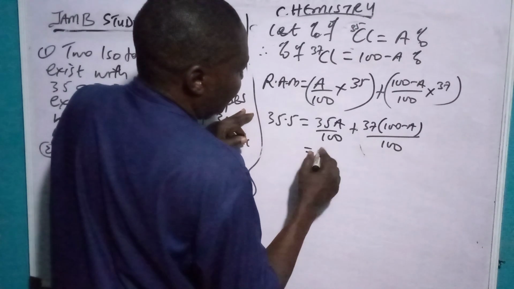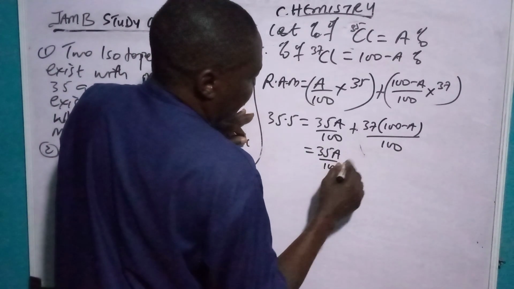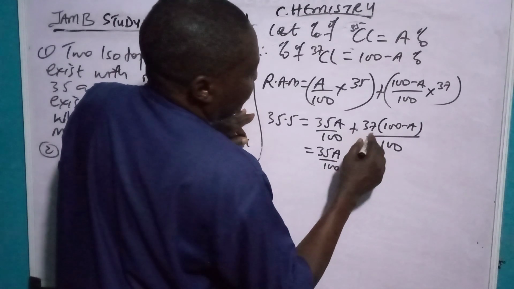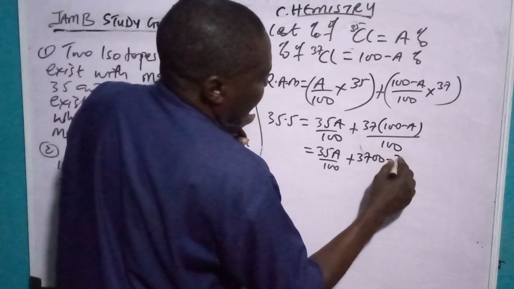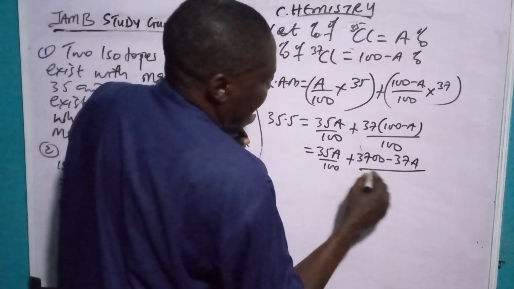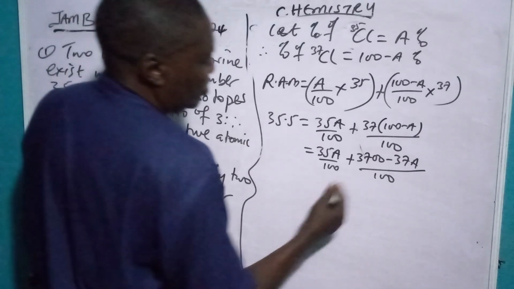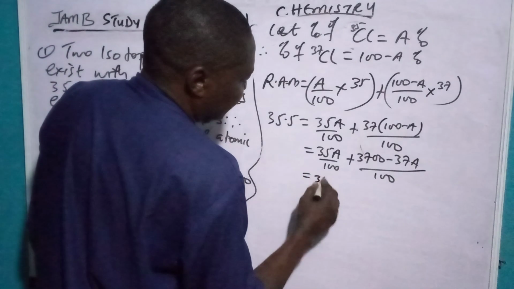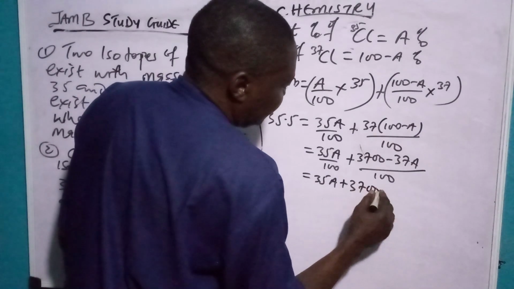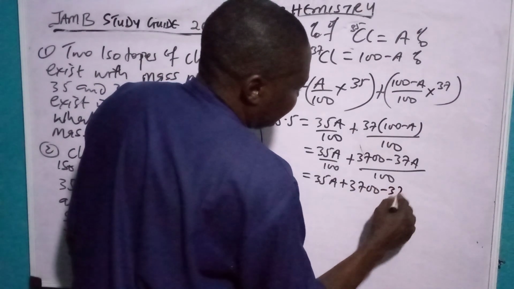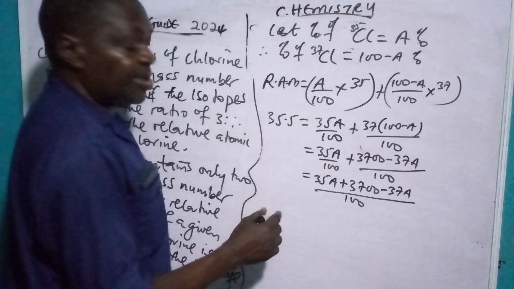It now gives 35A over 100 plus 3700 minus 37A, everything over 100. Remember, both of them have 100, so you make it the same: 35A plus 3700 minus 37A, all over 100, because they have a common denominator.